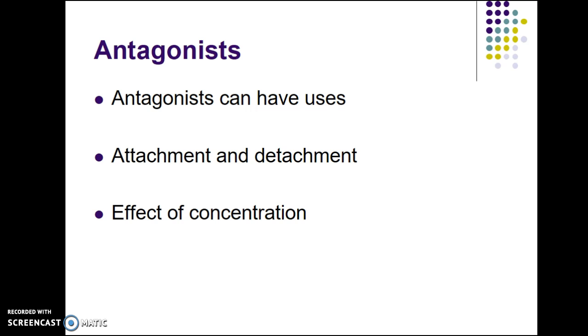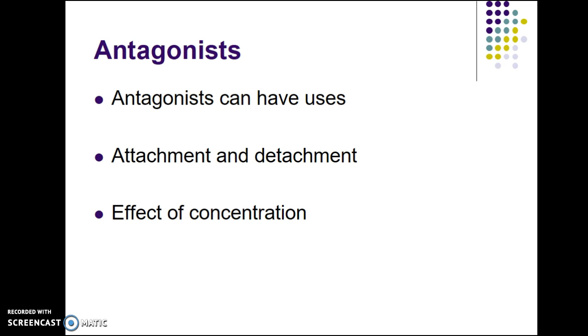Bear in mind that the agonists and antagonists are constantly attaching and then detaching to the receptors, and the one that has the most concentration at the time is the one that's going to exert an effect, whether it's the intrinsic activity or, in the case of an antagonist, blocking that activity.